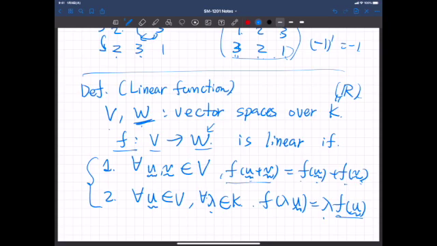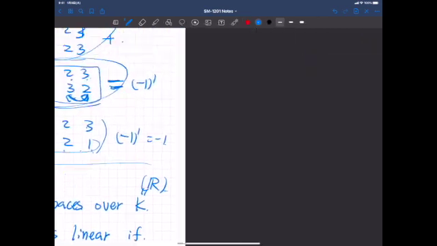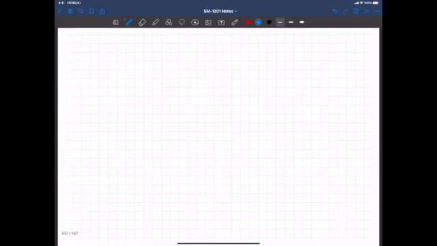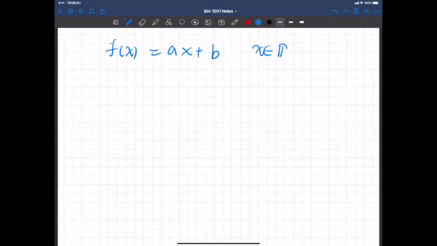This is actually consistent with our notion of linear functions. For example, let's say we have this function f of x is ax plus b, where x is a real variable, and a and b are also reals.